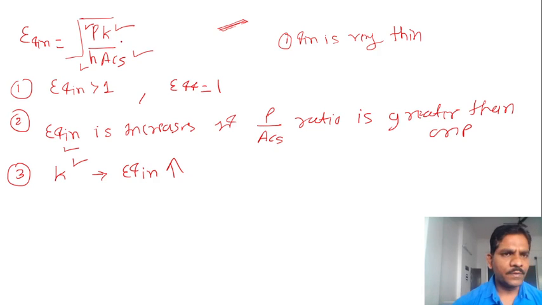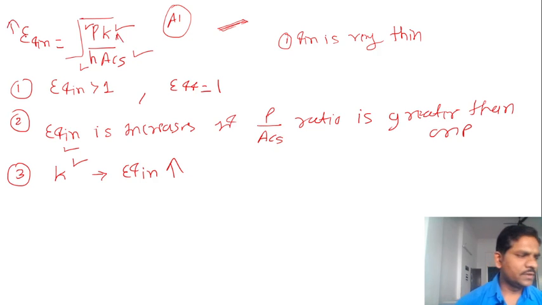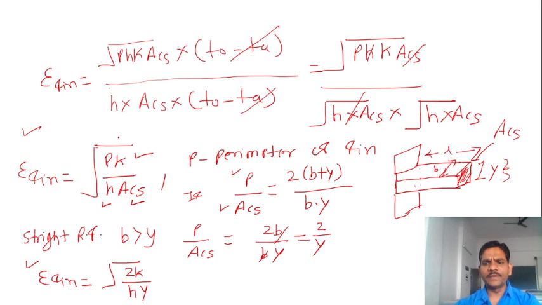But generally we cannot use copper. Why? Because copper is very costly. So therefore we use aluminum materials. Generally fins are made of aluminum. So as thermal conductivity improves, the effectiveness of the fin also improves. Okay, so these are some points on fin effectiveness, guys.